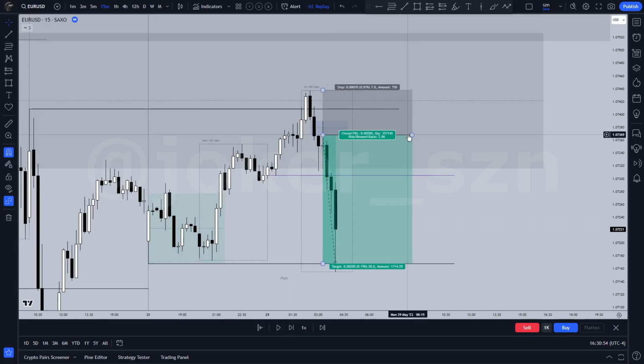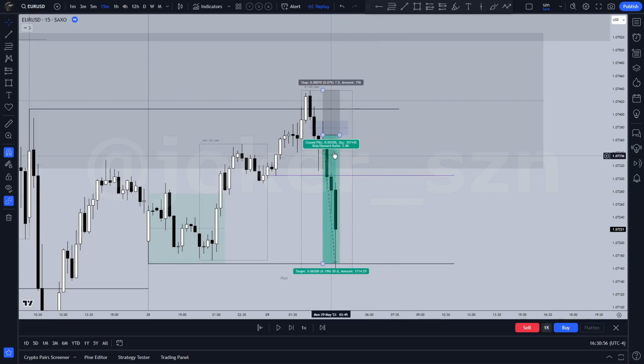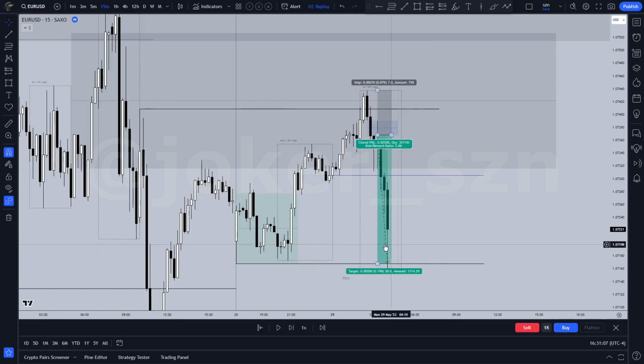And there we go. We would have gotten a 2.86 R trade here, and we have traded right into the consolidation lows right here. So this is the first trade according to the protocol.